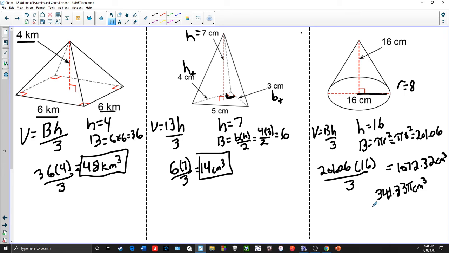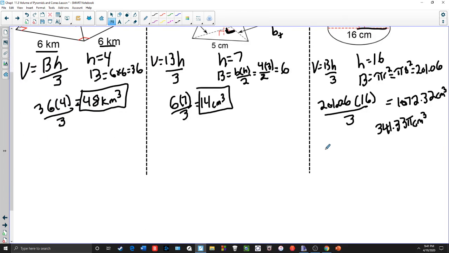Now, if they want a fraction, then you'd have to kind of go back and redo the problem. Because if they want a fraction, just to show you that real quick, what they would have you do is write like this. Volume equals area of the base, which I'm going to leave as 64 pi, times the height, which is 16, all divided by 3.